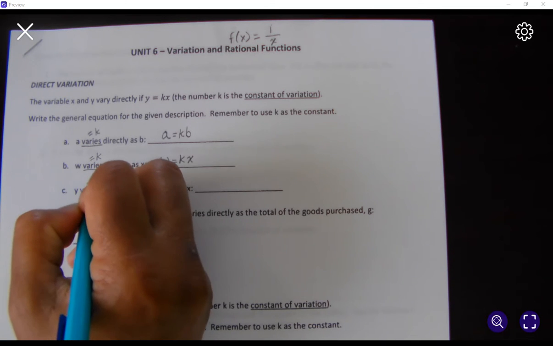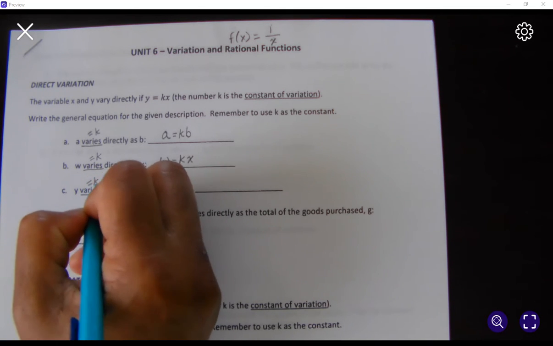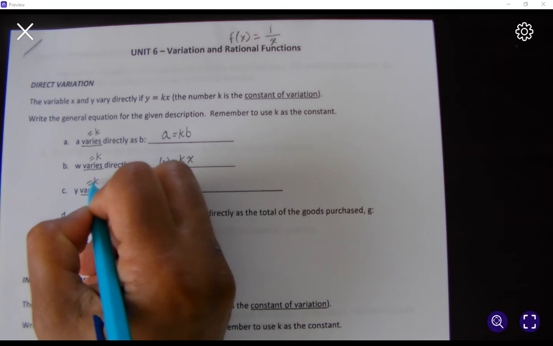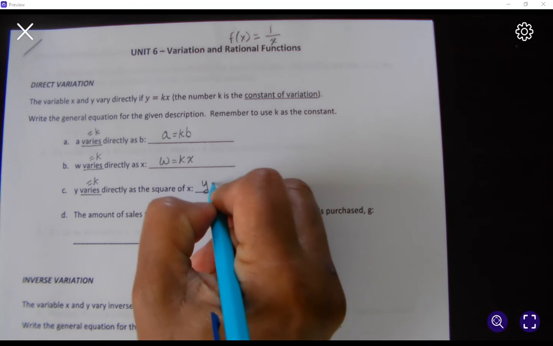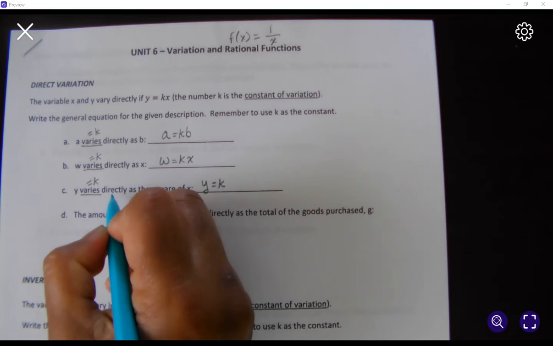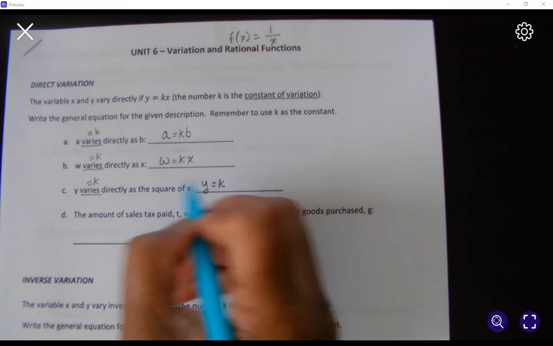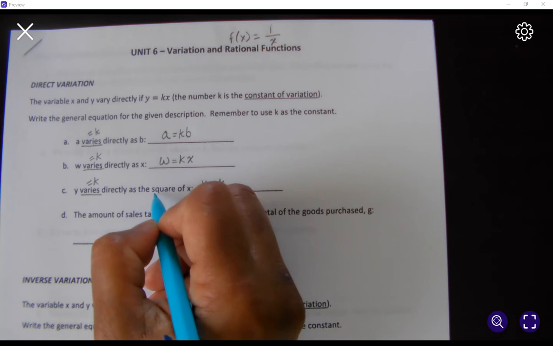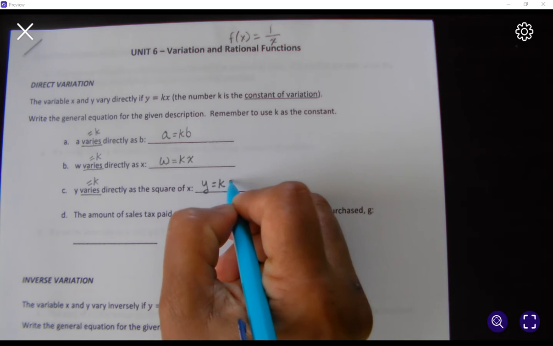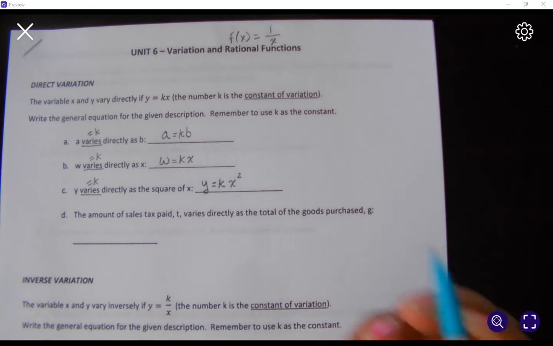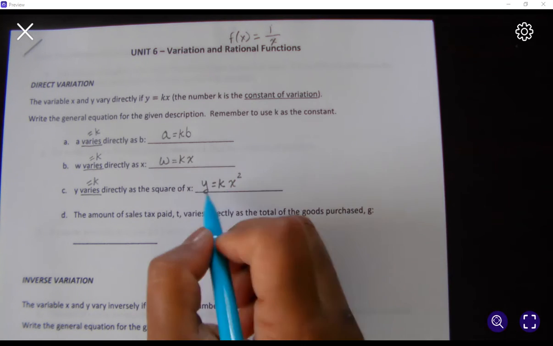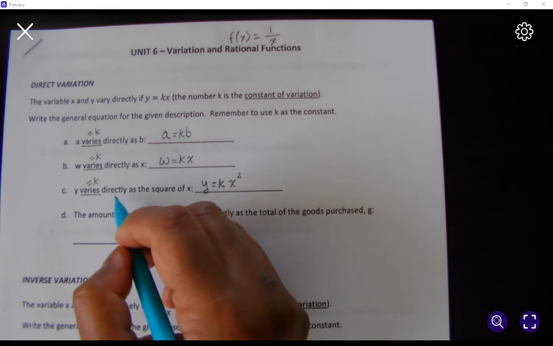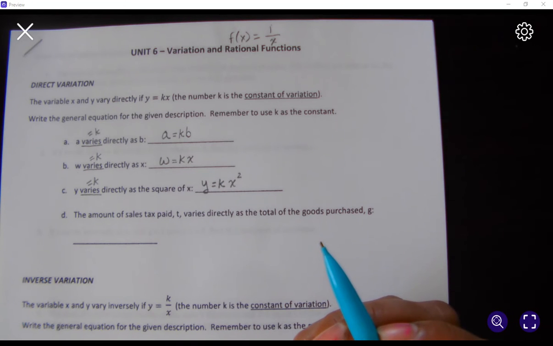So just write equals k, not k equals k. And so you have y equals k, directly, so now we're multiplying by the square of x. So you have your x and then you have your square. But still it's being multiplied because it says the word directly.